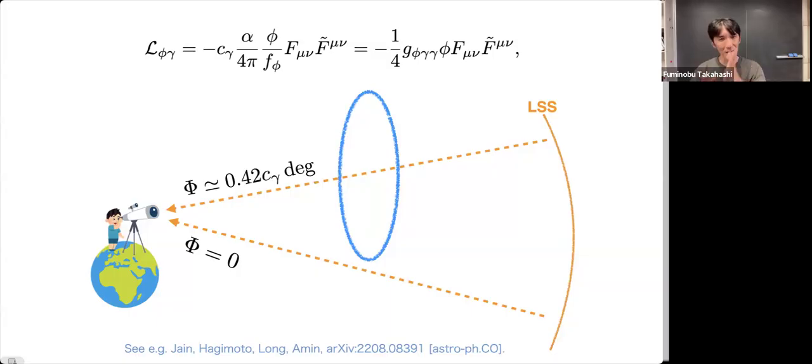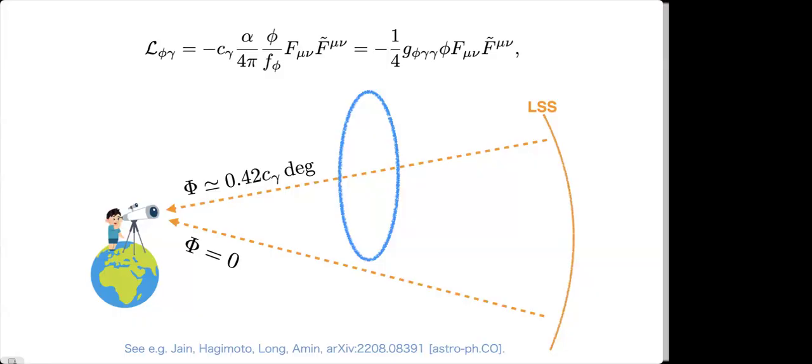Currently they satisfy all the observational bounds, but if we increase the sensitivity of these experiments or observations, you could find the signature coming from this object. Okay, thank you.